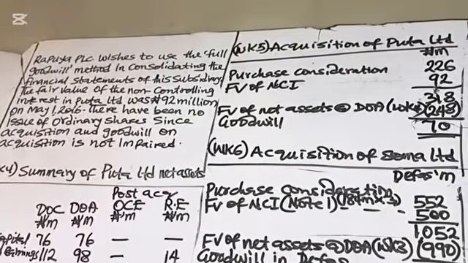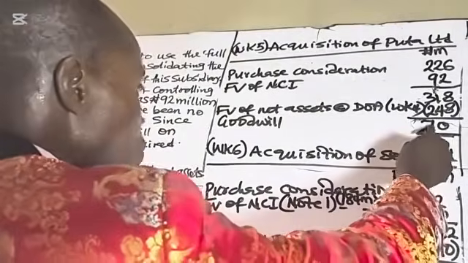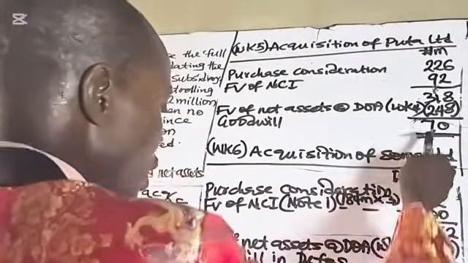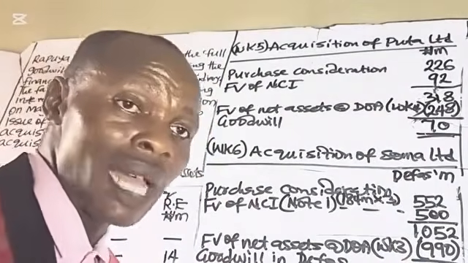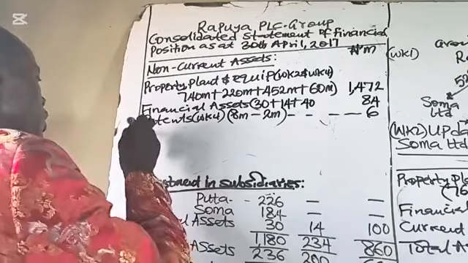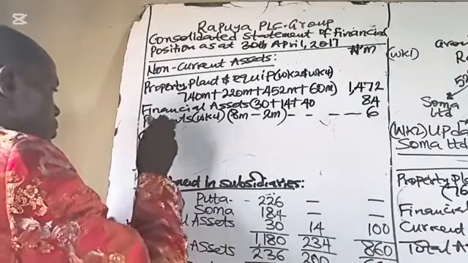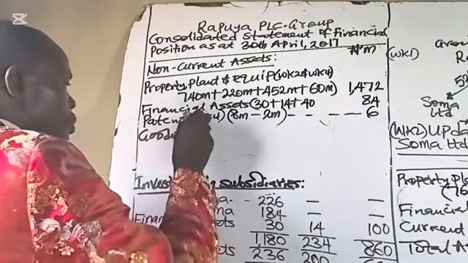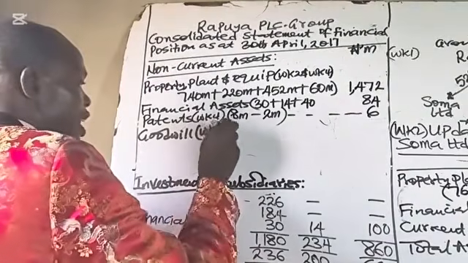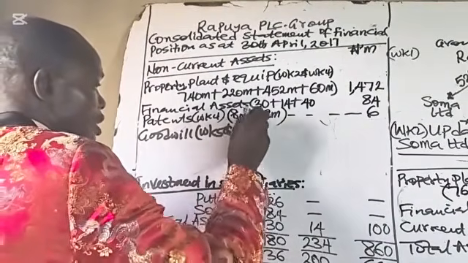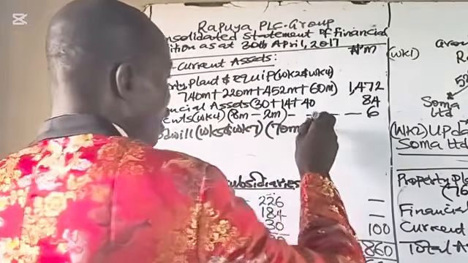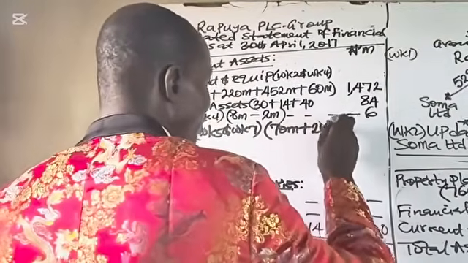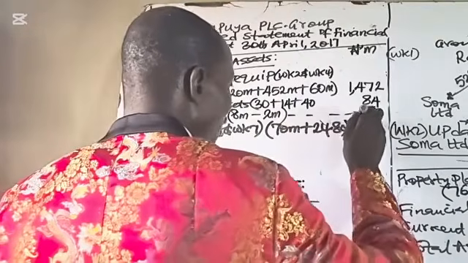So we add 70 plus 24.80, that will give you the goodwill that will be consolidated. So we have goodwill, working 5 and working 7. In working 5 we have 70 million, in working 7 we have 24.80. That will be 94.80.